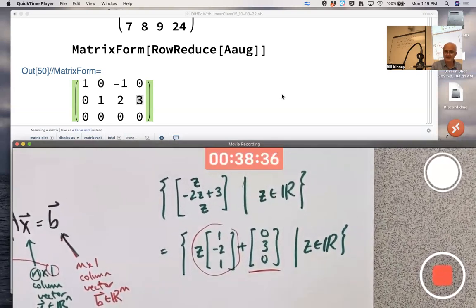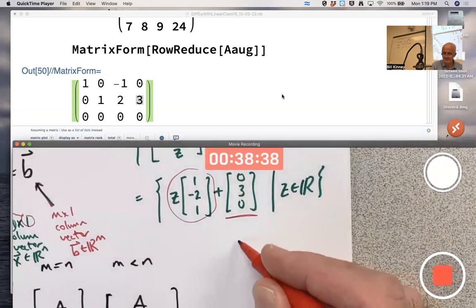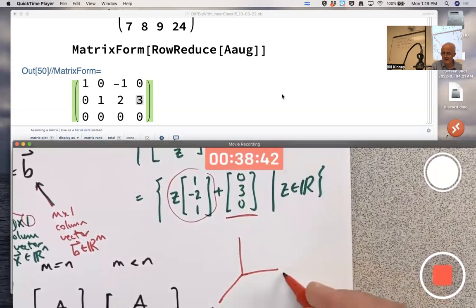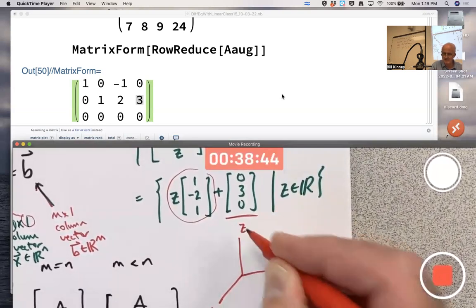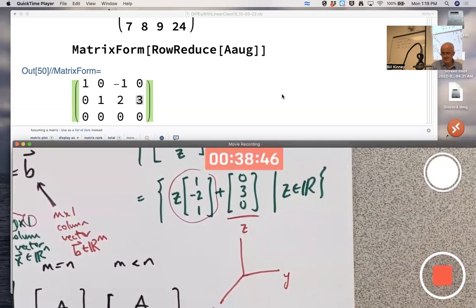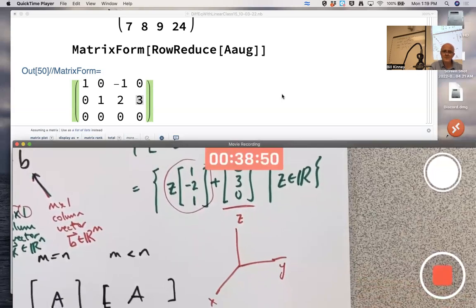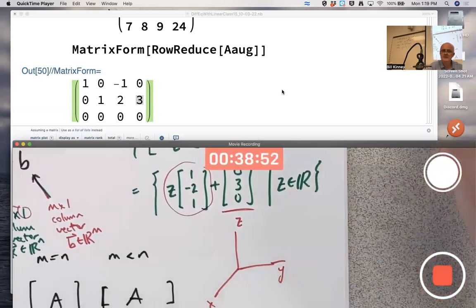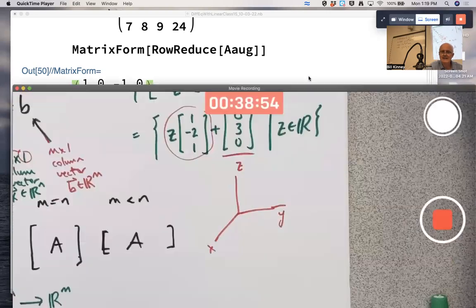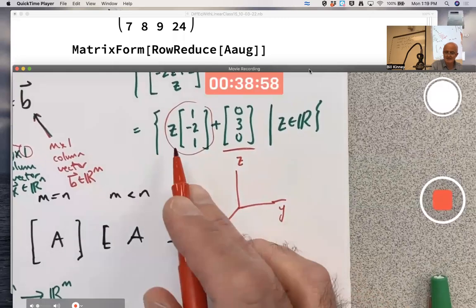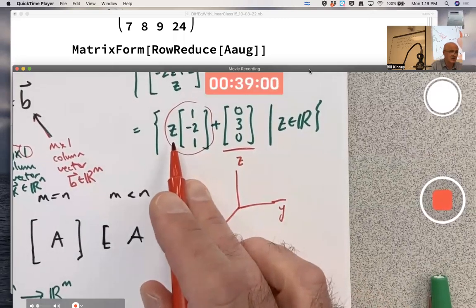If you were going to draw this solution set in three-dimensional space, attempt to draw it, and I'm probably not going to get it right here. Oh, I suppose I could try to get it right. So it's going to be a line because it's one-dimensional because there's just one free variable.